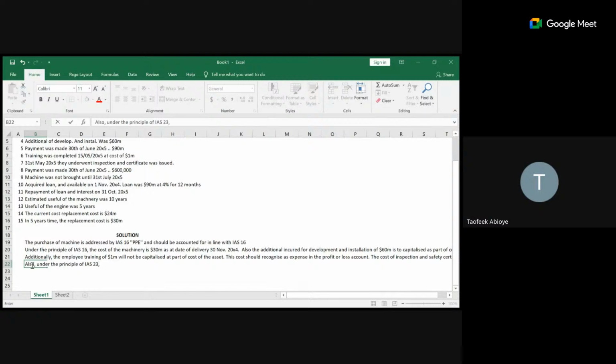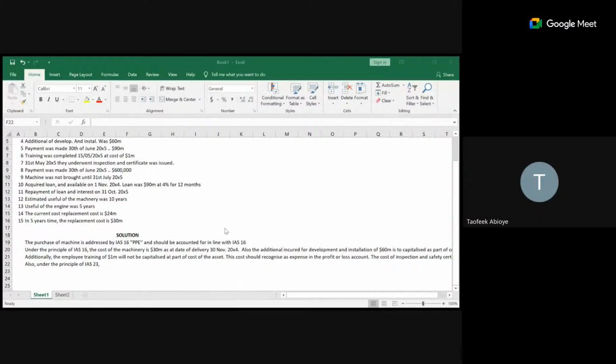Now, there is something I need to quickly show us on borrowing costs before we move on. Please, can you see my screen? Yes, sir. Okay. Let me quickly present something else here, then we will come back.